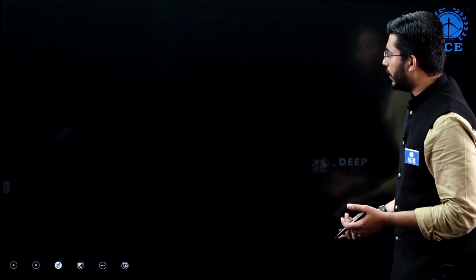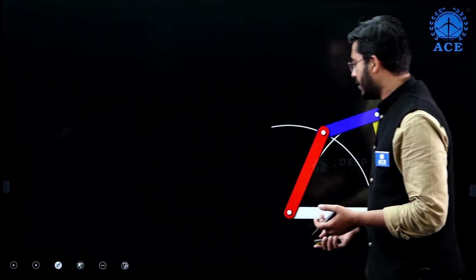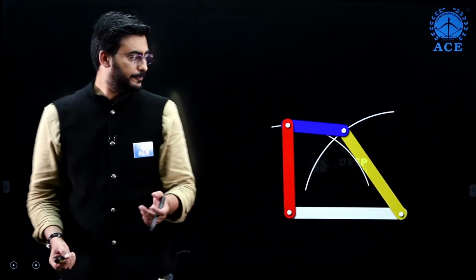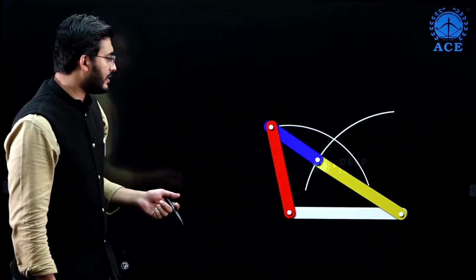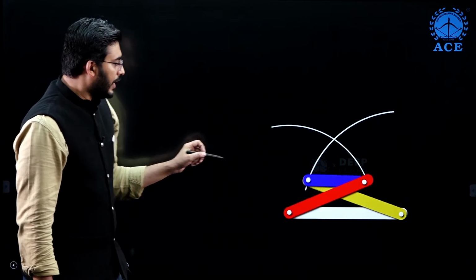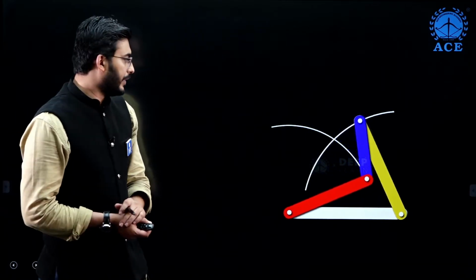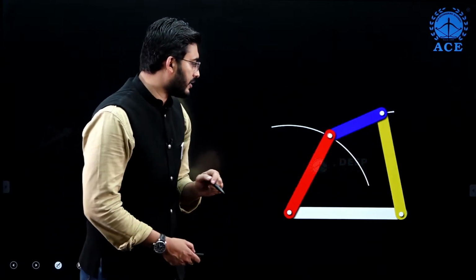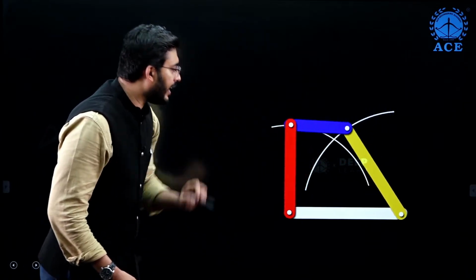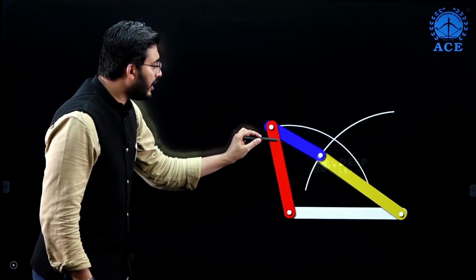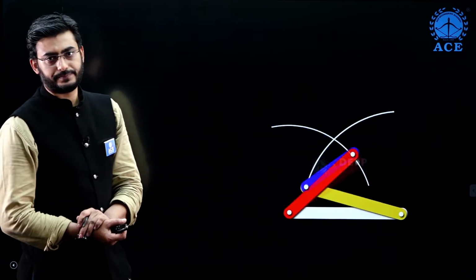Next one is the rocker mechanism. If you see, the blue color link is actually L minimum, and we can notice that this blue color link is completing circular motion.